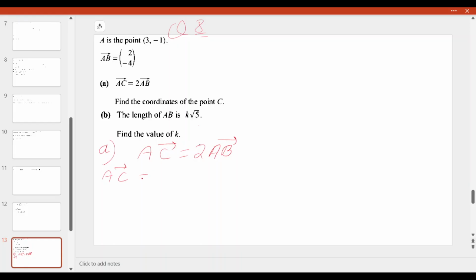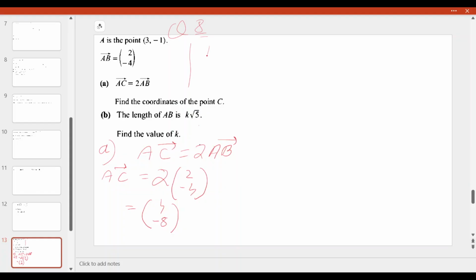What does this mean? This means that AB vector is given as (2, -4). Put the value over here and just simply solve this. 2 times 2 is 4, 2 multiplied by minus 4 is minus 8.